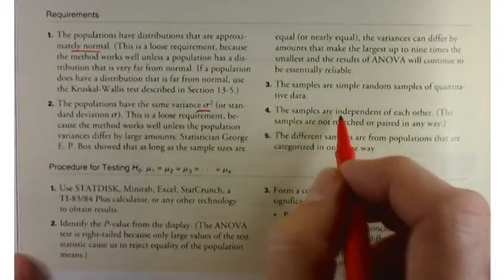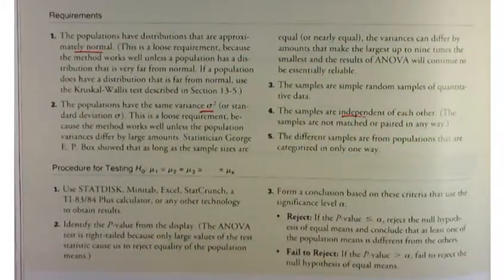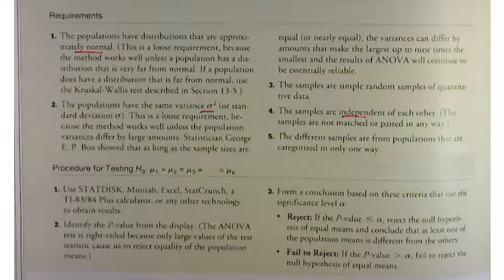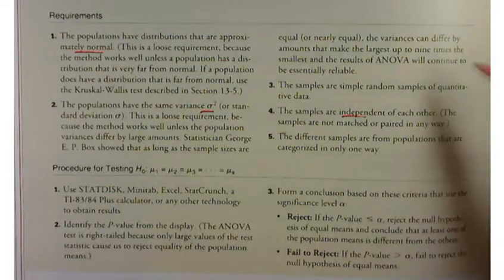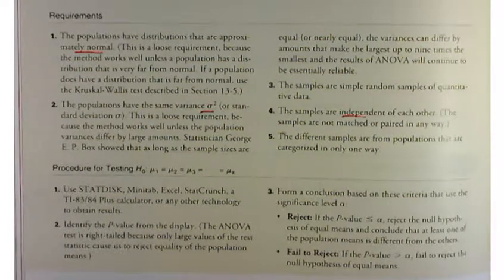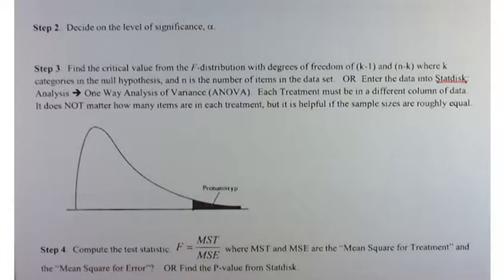So you can't sample in the before and after case. This would not be some place to do something which leads to dependent data, and populations that are categorized in exactly one way. So those are all those assumptions here. Let's apply this to a couple examples.